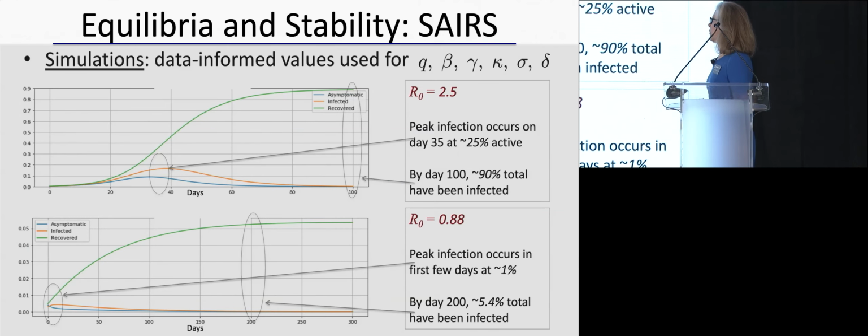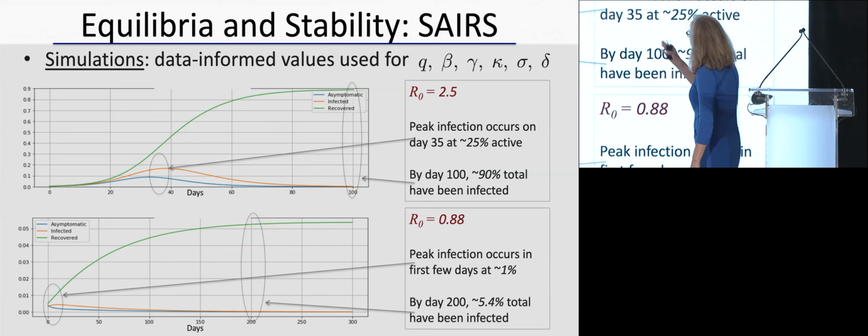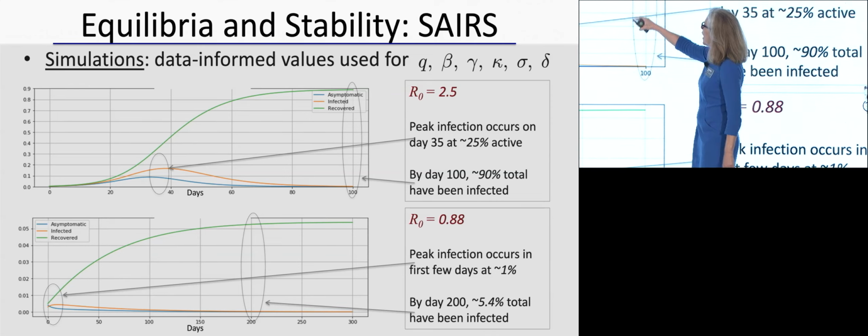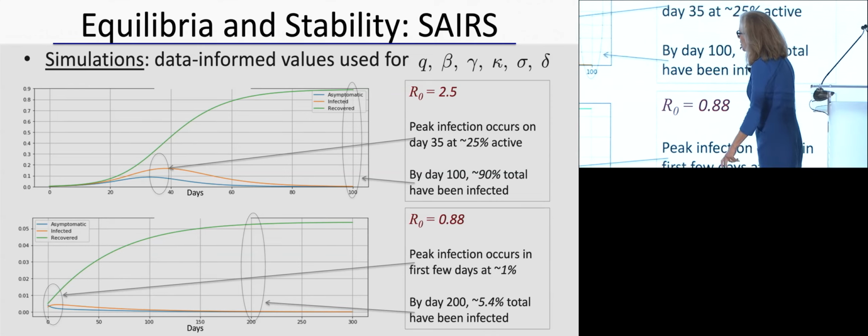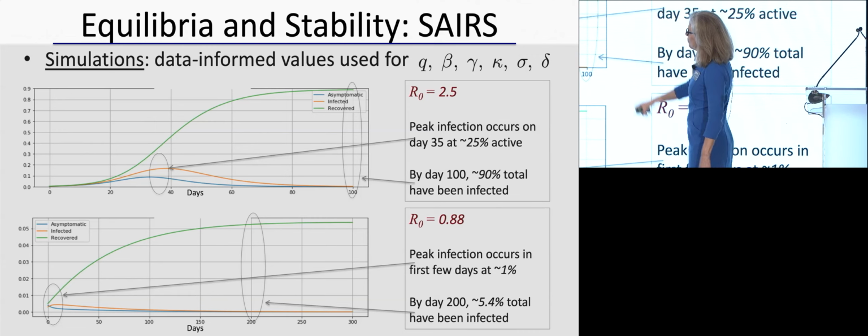And so here are just some quick simulations that show when we don't meet the criteria for convergence to the disease-free equilibrium, and when we do, and notice that the axes are quite different.